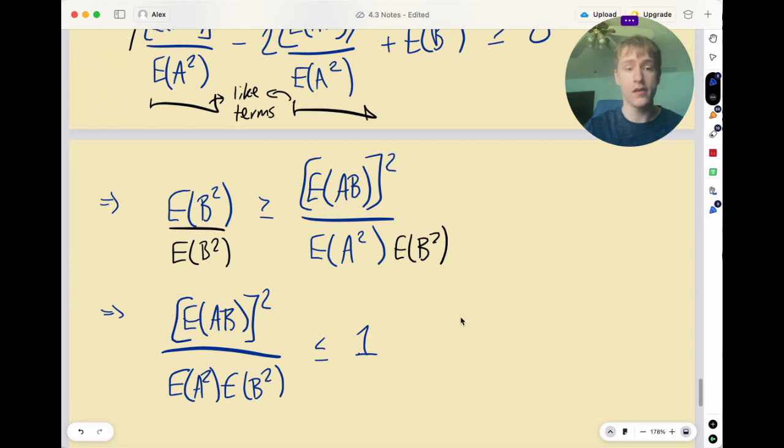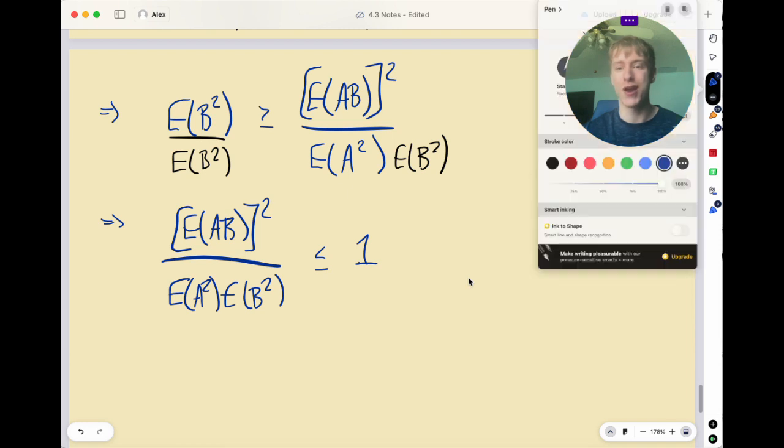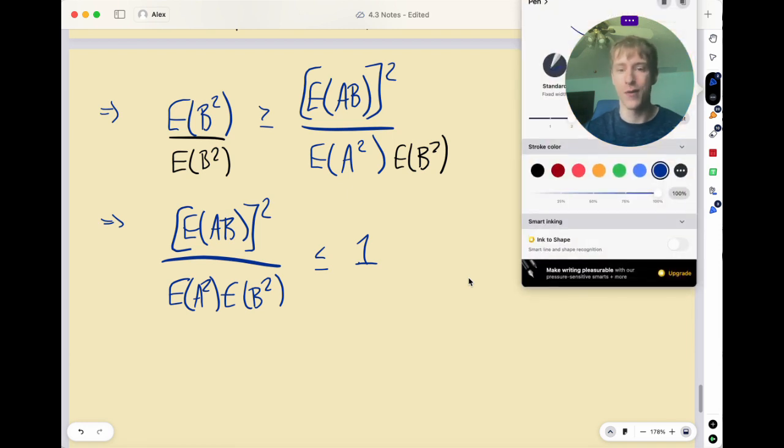And now, again, A and B had no restrictions either, except the expectation of the square couldn't be 0.